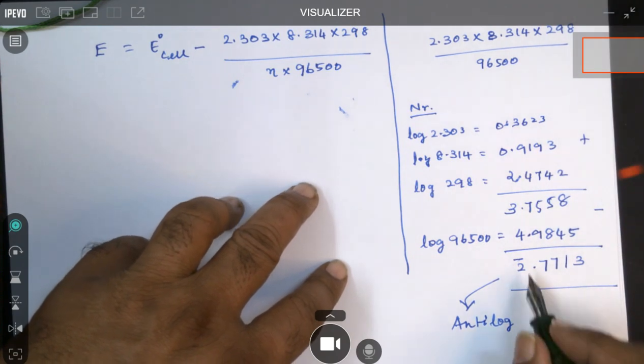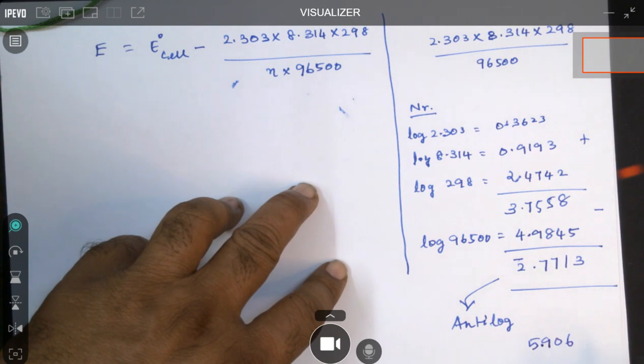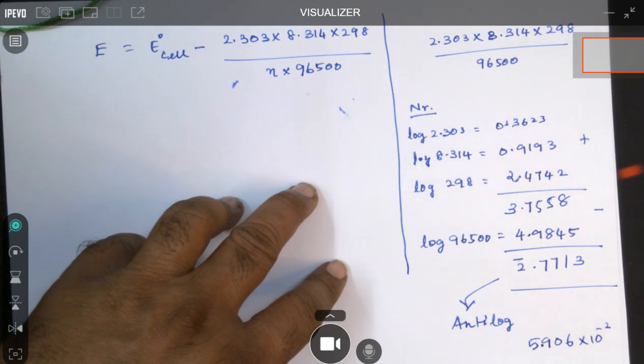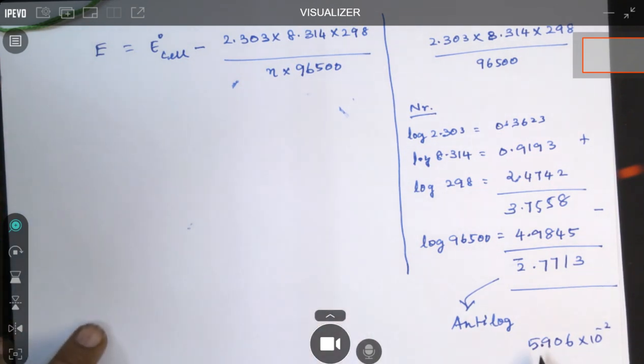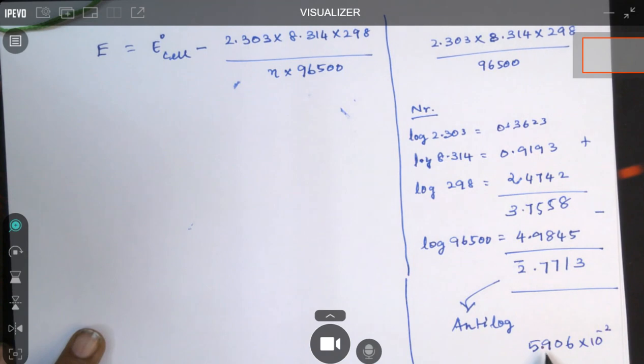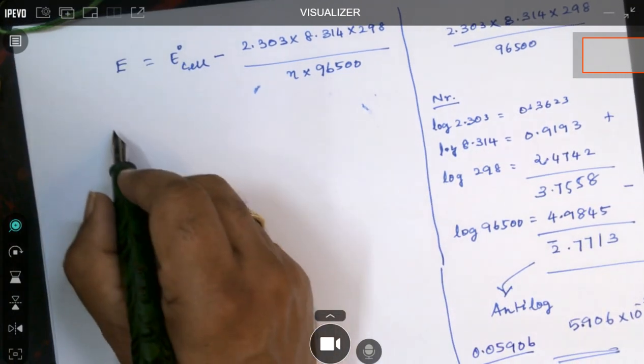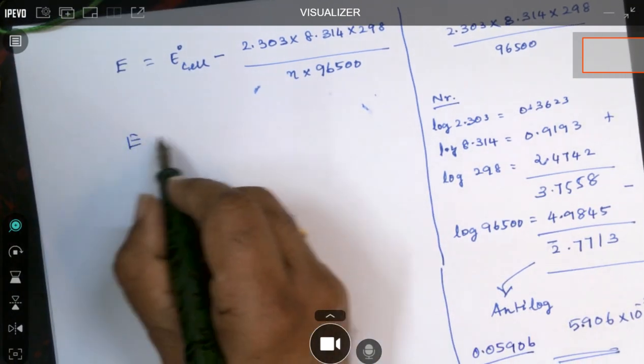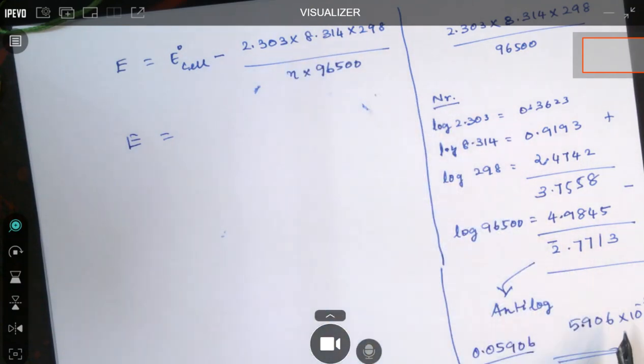So what you have to do is you take 5.906 into 10 power and you can drop this value as 10 power minus 2. Okay. So this is the value. You can convert this into 0.05906, and you can reduce to 0.059. So I hope now you should be able to understand how to get the value using logarithm.